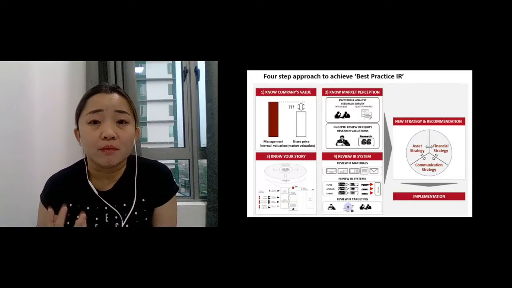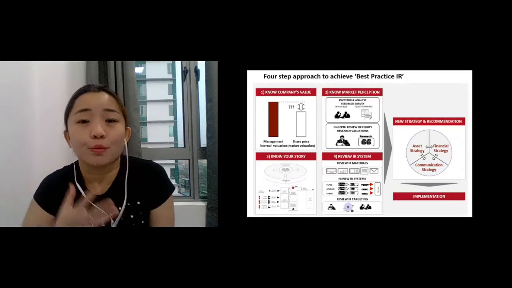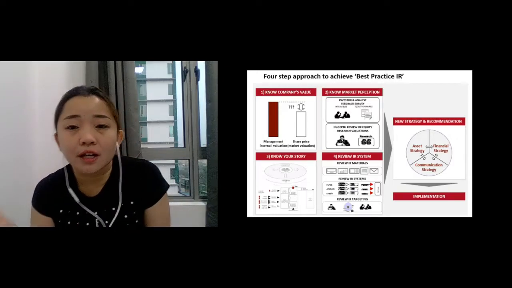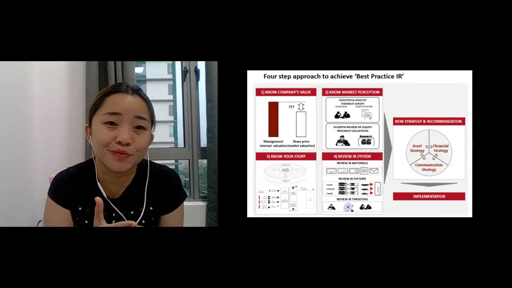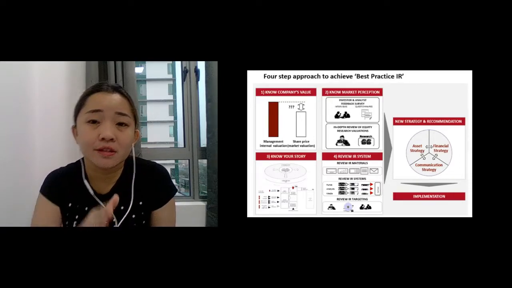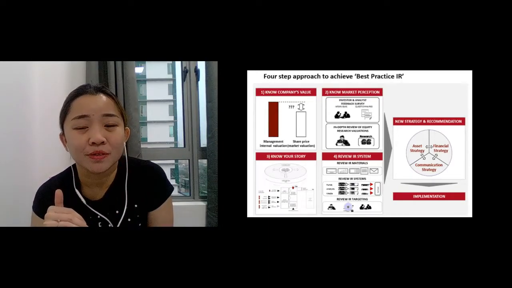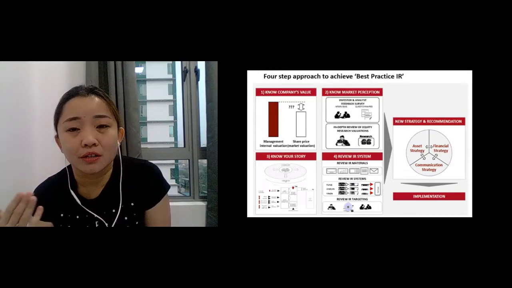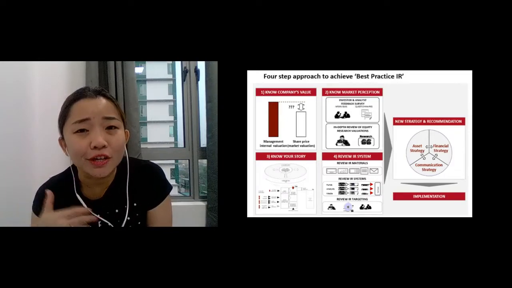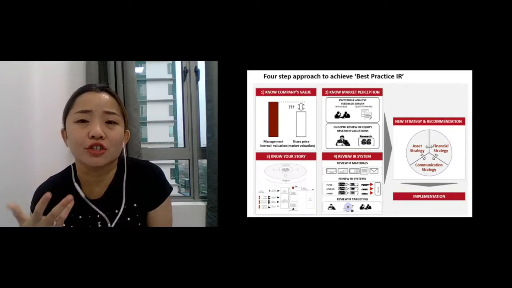Now, of course, these are some of the 4 steps approach to achieve best practice IR. I'm not going to bore you guys, but in practice, if you look at the slide, you got to know how much your company is valued. From talking to your management, looking at the share price, understand the market perception, how the market is looking at you by talking to analysts, by doing in-depth interviews with people, and then create your story, know your story in and out, and then review your investor relations system.